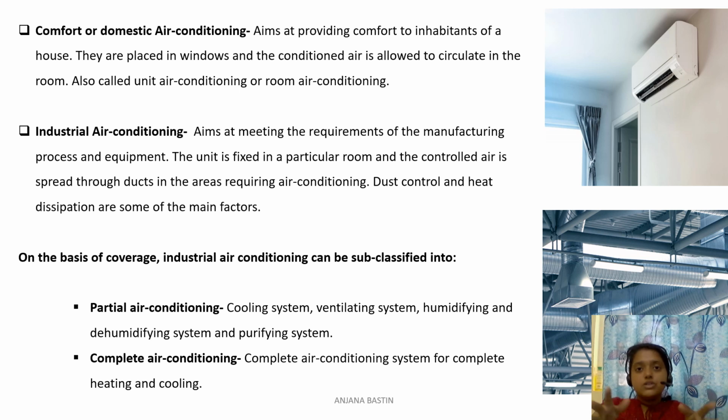But you see the manager's room, that cabin, that has AC. You understand what I'm trying to say? Yeah. So when you give AC only in certain areas, we call it partial air conditioning within that establishment or within that concern. But if you provide AC throughout the area, we call it complete air conditioning.